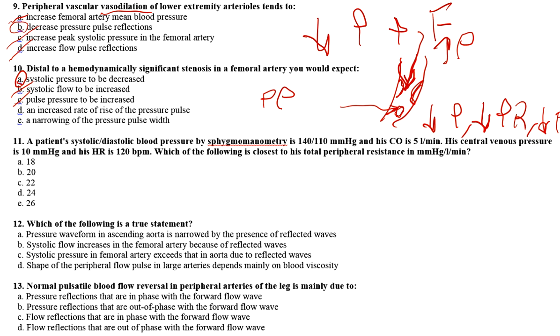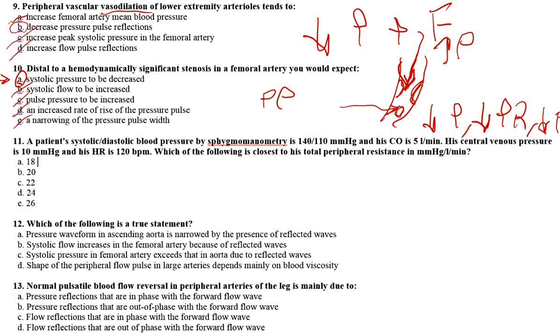And increased rate of rise of the pressure pulse, again, past here, no, that's not going to happen, so we can knock that one out. E, a narrowing of the pressure pulse width. Let's think about this one. You can make an argument for this one, but it probably would stay the same. I think that A is a better answer. Systolic pressure to be decreased. It would definitely be decreased.